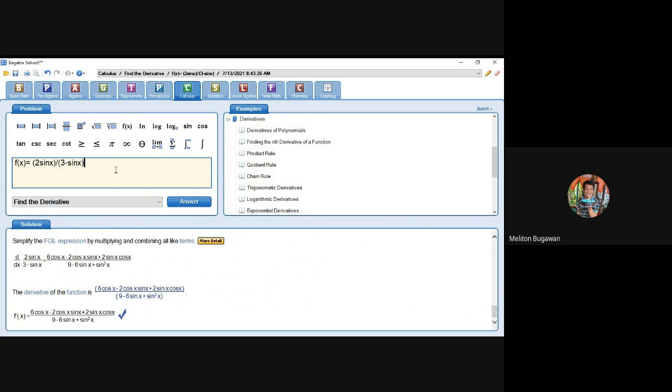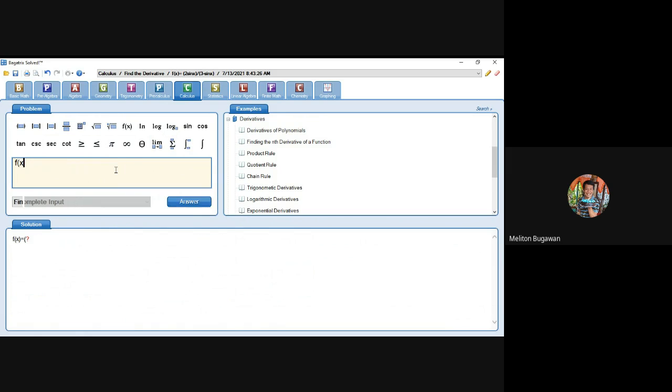Now, it is not only with regards to this. You have to remember, we also deal with limits. Finding the limits, we have here a limit as x approaches 2 of the expression x plus 4. Evaluate the limit. So I have here the answer, 6.